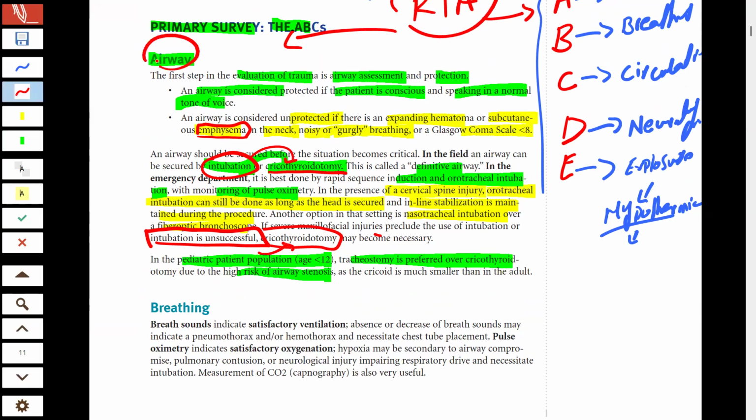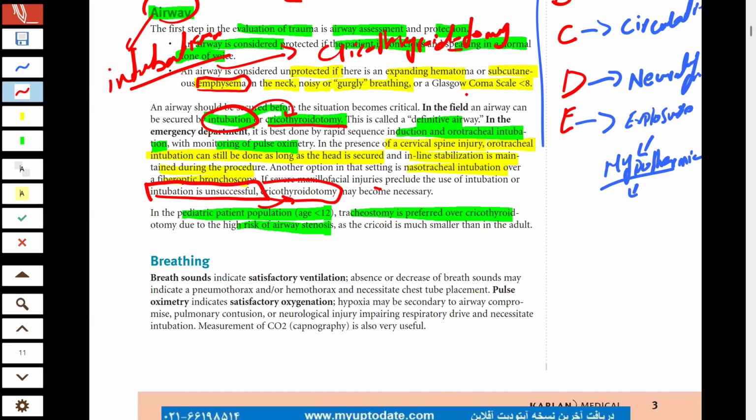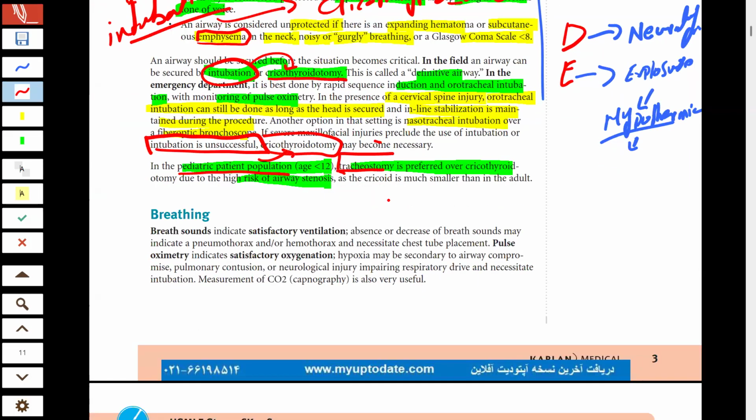If the airway is compromised, go for intubation; if intubation is unsuccessful, go for cricothyroidotomy. This is airway management, and in the pediatric age group, tracheostomy is considered as compared to cricothyroidotomy.